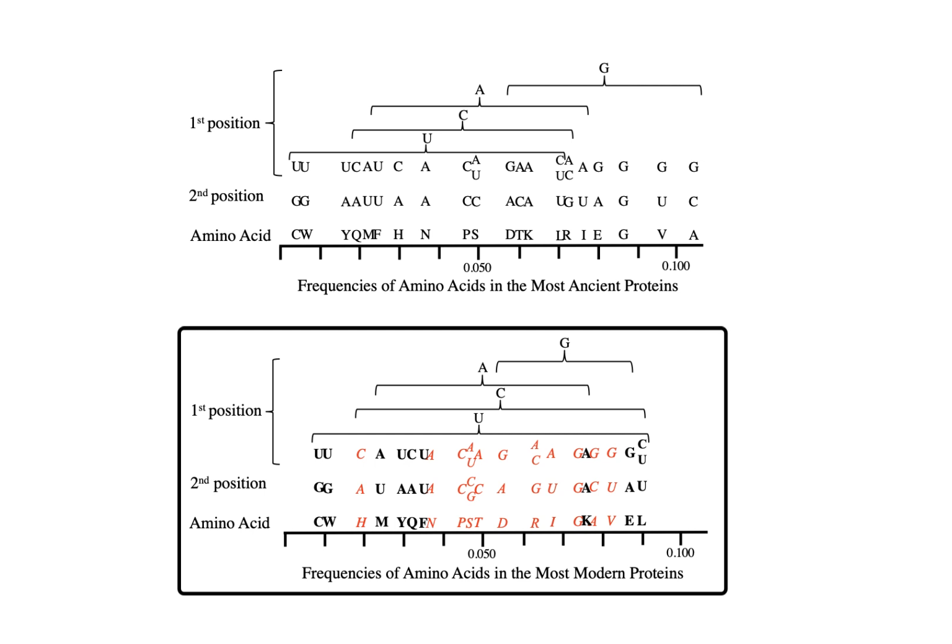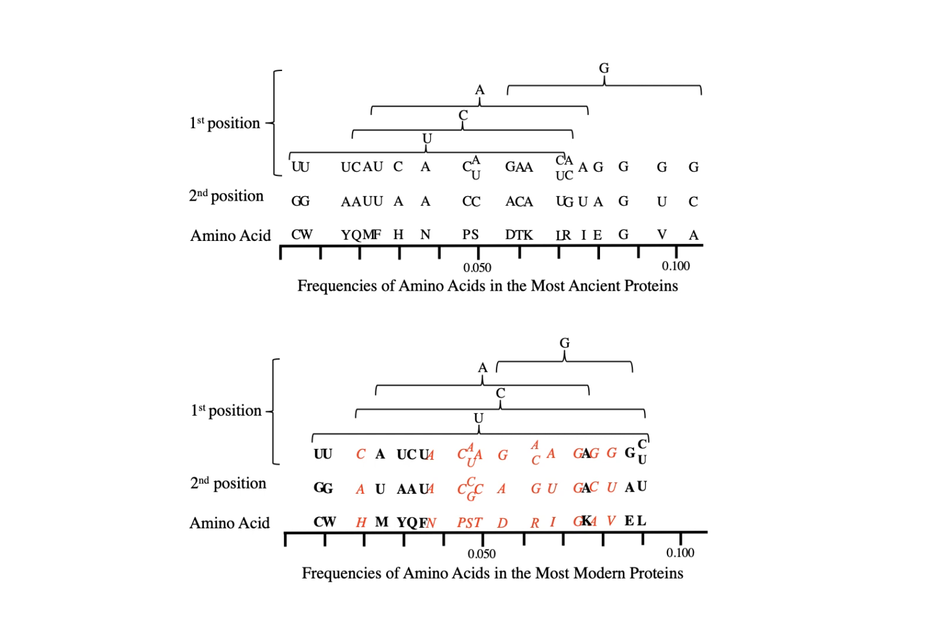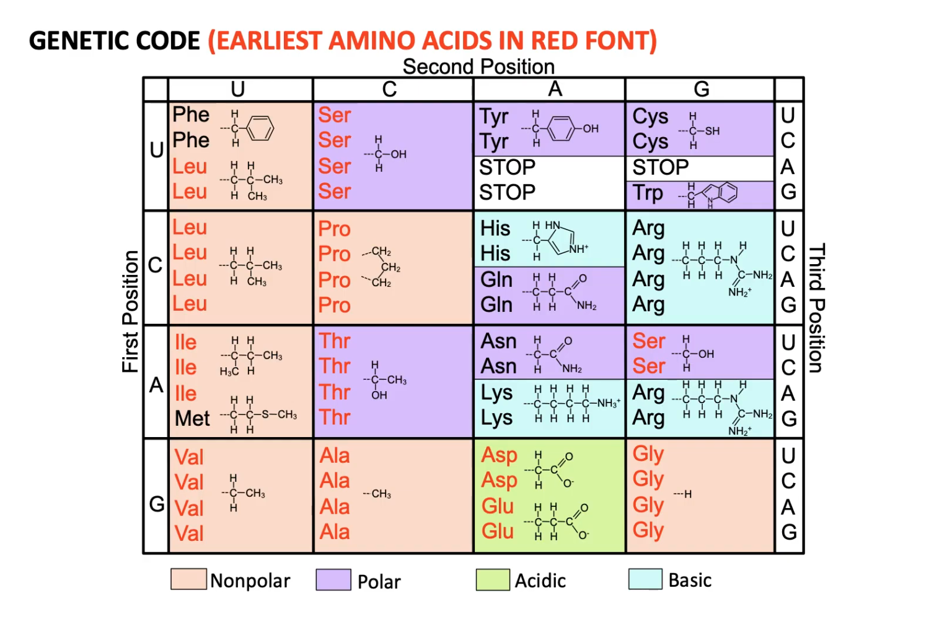So some of the other amino acids start increasing in frequency, and those original ones start decreasing in frequency. And some of the lowest frequency ones are the amino acids that appear in the upper right-hand corner of the genetic code, including cysteine, tyrosine, tryptophan, and others.